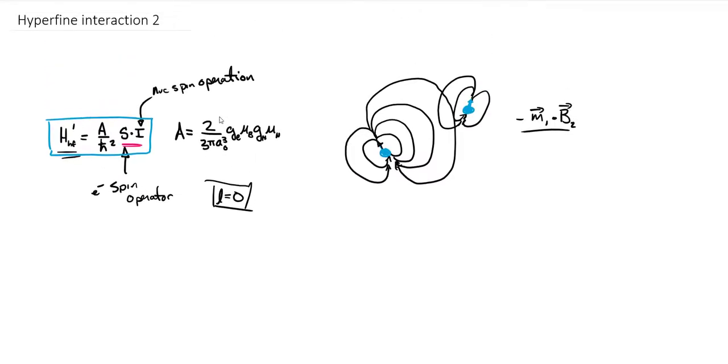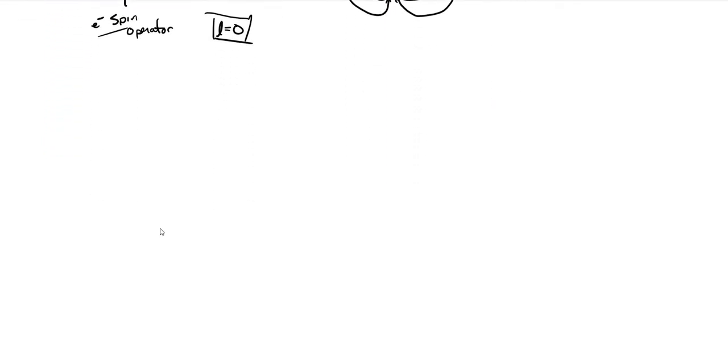Recall, rather than focus on the difference between the nuclear spin and the electron spin operators, let's just think about general angular momentum operators. So if you think back to our hydrogen atom, we had two types of angular momentum. Spin angular momentum, and the things we thought about with that were the operators, the magnitude squared of the spin angular momentum.